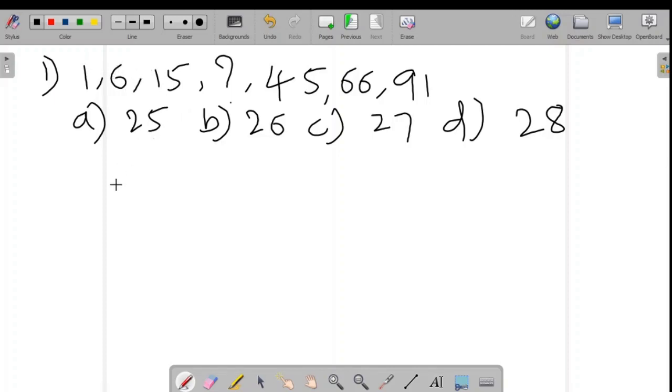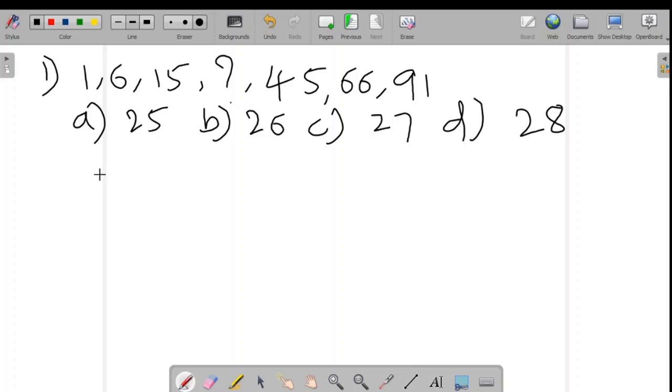If the difference between the consecutive numbers is more, then we will have to apply a product rule, that is, we have to see if any product sequence is being followed. Here the difference is small: the difference between these two numbers is 5, between these two numbers is 9. So we'll have to see the difference.